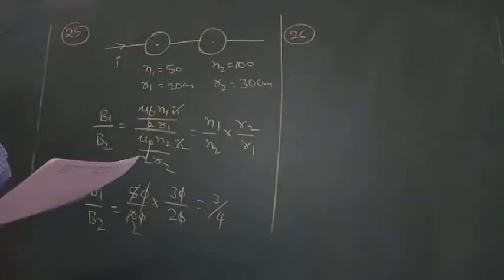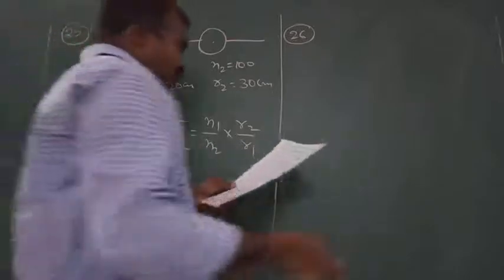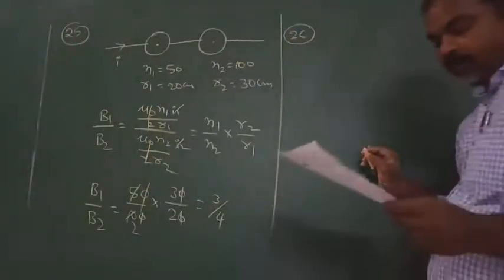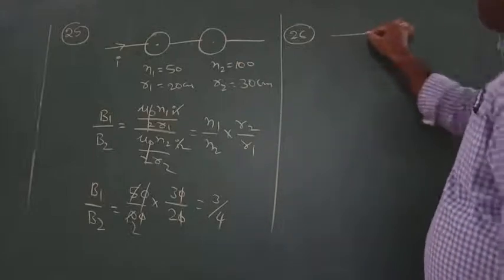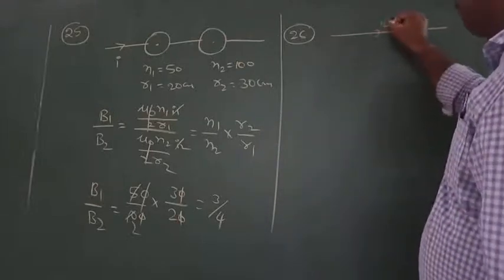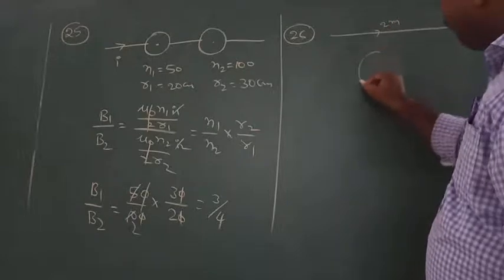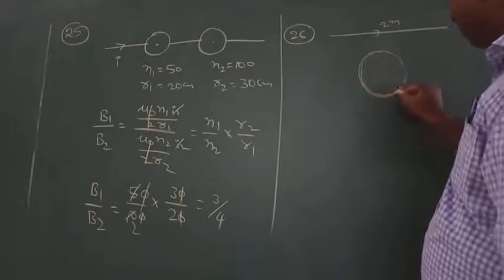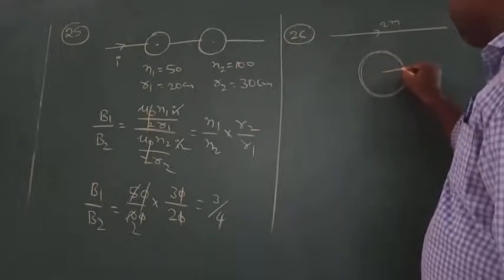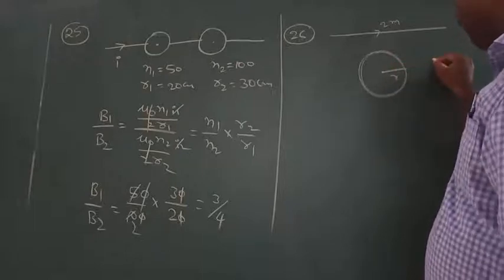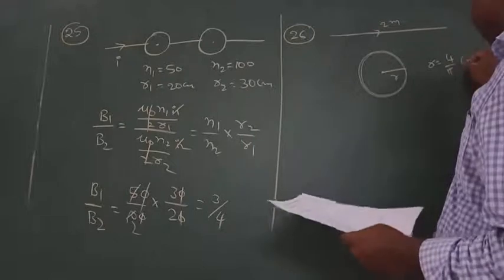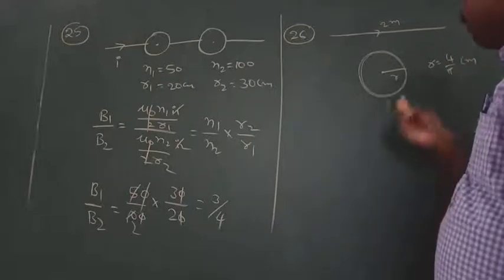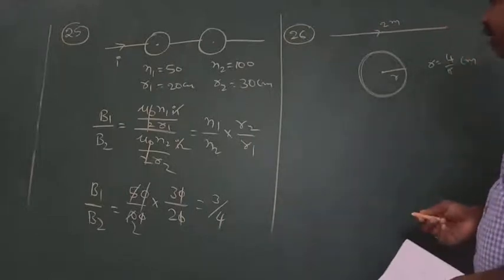And the next one, problem number 26. A wire of length 2 meters is bent in the form of a circular coil. Then its radius will be R, which is 4 by pi centimeters.